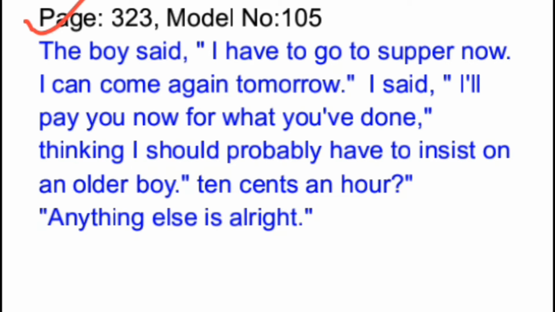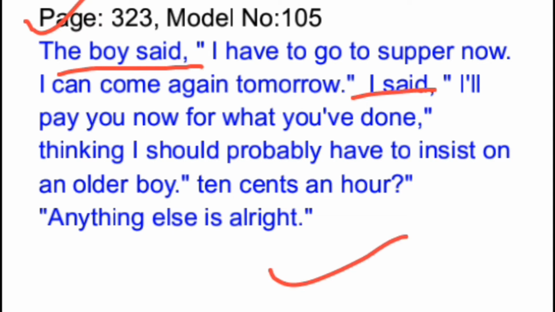I can come again tomorrow." So the speaker here is the boy. I said, "I will pay you now for what you have done." Here the person spoken to, or the listener, is I. I said, "I will pay you now for what you have done," thinking I should probably have to insist on an older boy. "Ten cents an hour, anything else is alright."